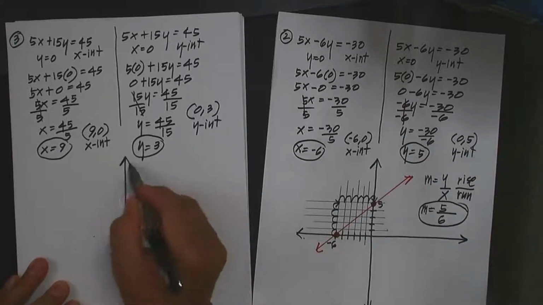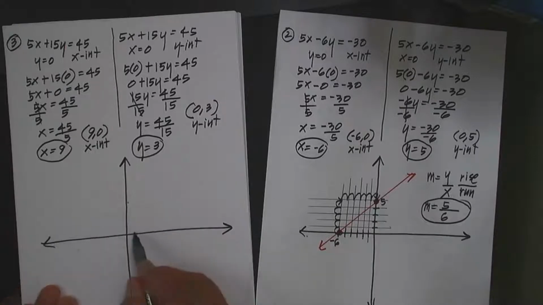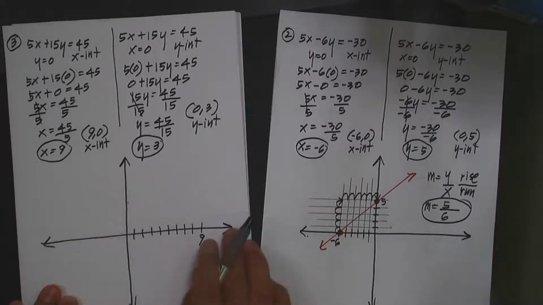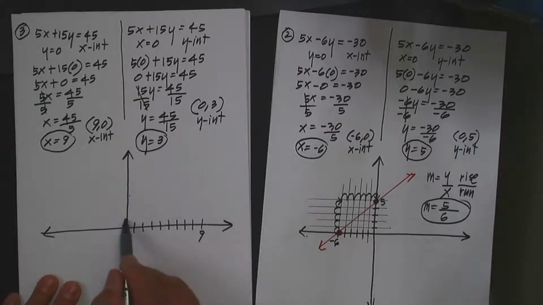Next step, make a graph. Okay? Make a graph. So you have here 1, 2, 3, 4, 5, 6, 7, 8, 9. Why I know that is direction? Well, because it's positive. So positive is always on the right side. Next, you got 3. 1, 2, 3. Okay?